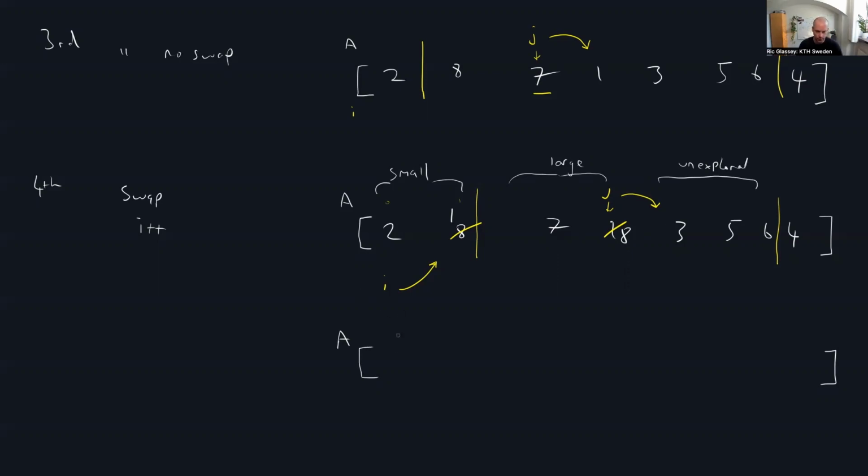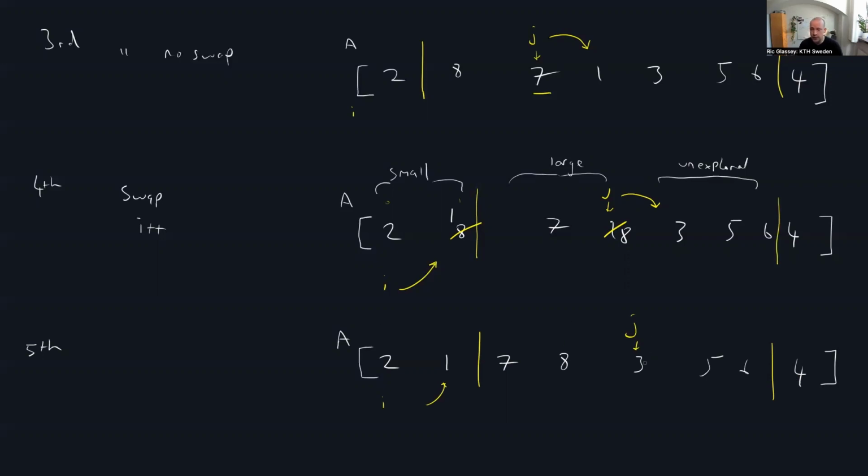So then in our 5th iteration, we now have 2, 1, 7, 8, 3, 5, 6, 4. This is our pivot. j is currently pointing at 3. I has moved here.